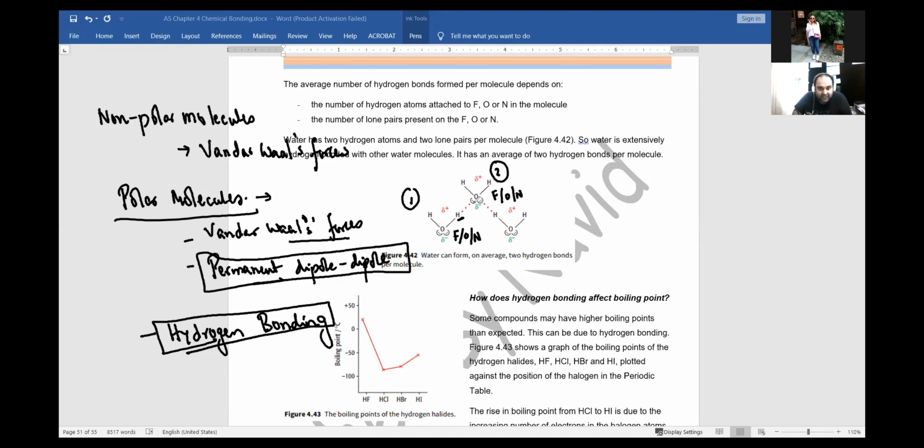Have a look here. We can see hydrogen is bonded to this lone pair. So what is this? Hydrogen bonding.